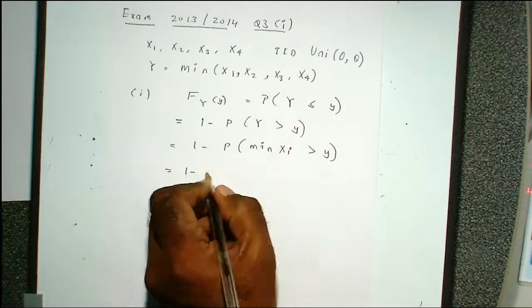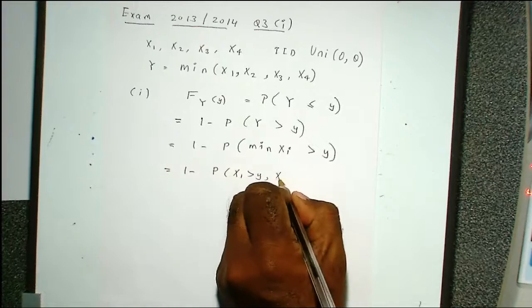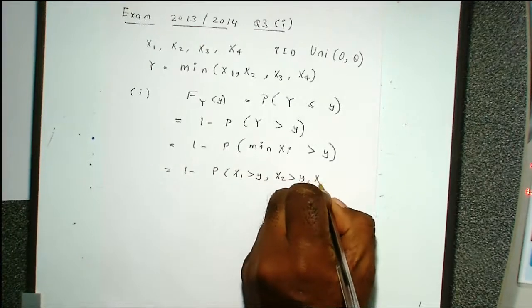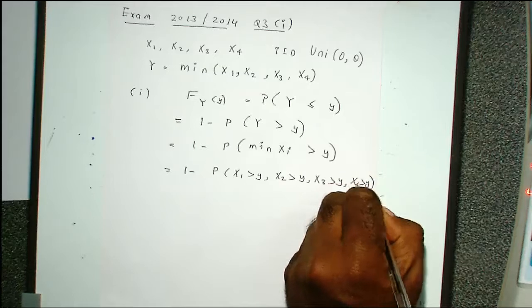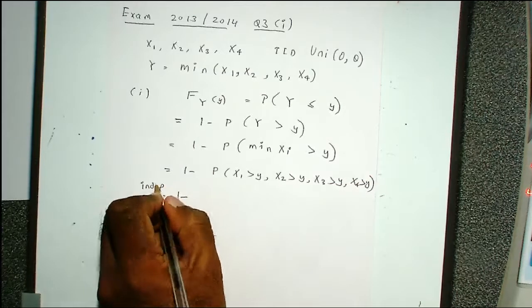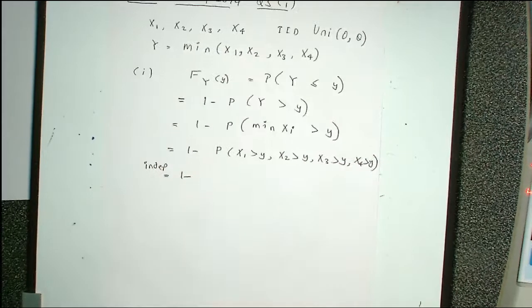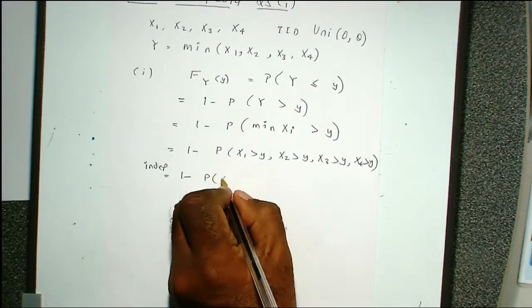So this implies that X1 is greater than y, X2 is greater than y, X3 is greater than y, and X4 is greater than y. Now because of independence of X1 to X4, you can write this as the product of the probabilities.